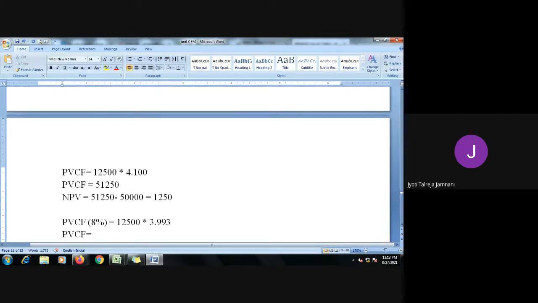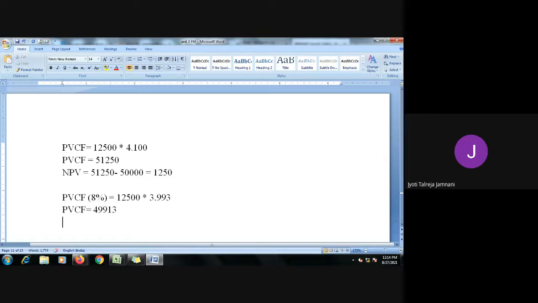12,500 into 3.993 gives 49,912, or we'll make it 49,913, rounding it off. Minus 50,000, the initial investment. This is just the present value cash flow. I'll do NPV next.